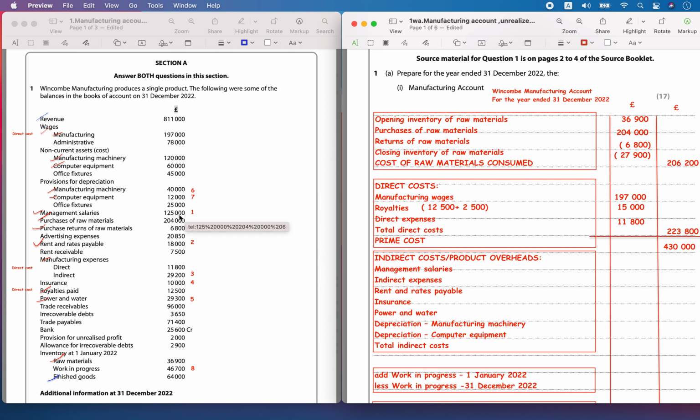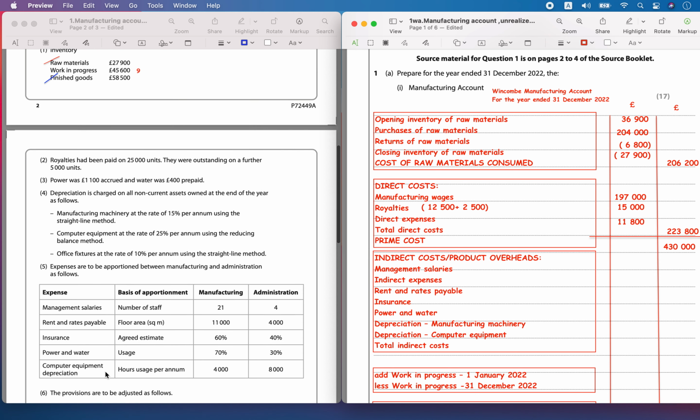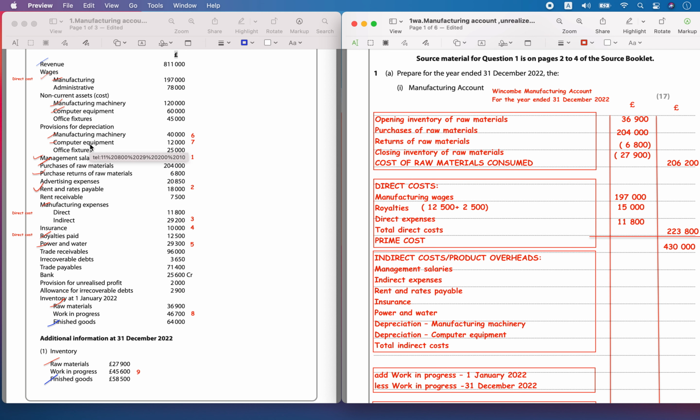The management salaries are 125,000. Now when you're starting the overhead expenses, you have to bear in mind whatever they have asked you to put for the manufacturing, and they have given the apportioned cost, those alone you will have to include here and apportion it. Management salaries are apportioned based on the number of staff: manufacturing 21 out of 25.